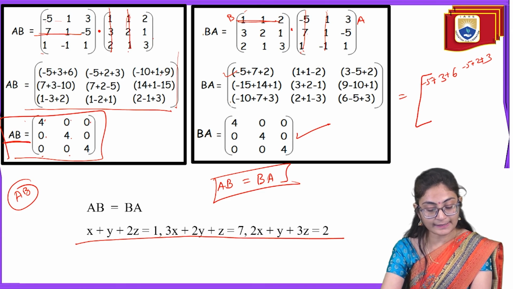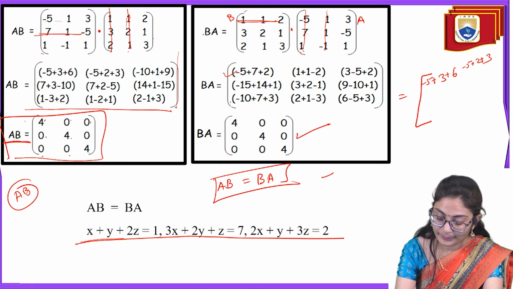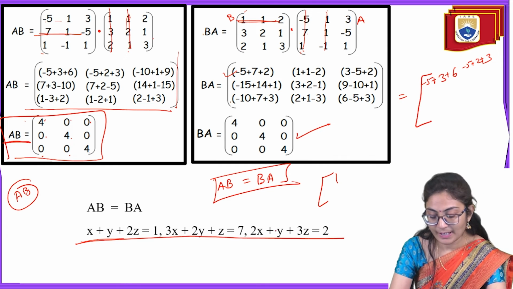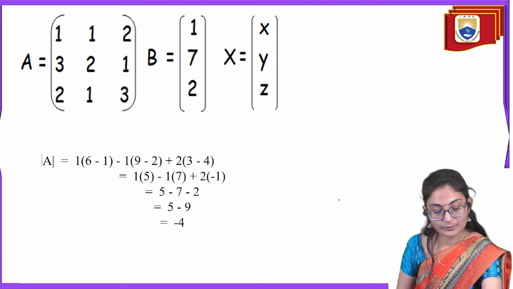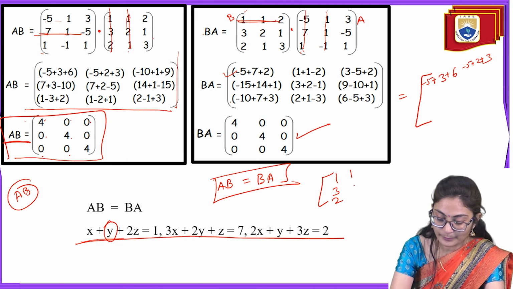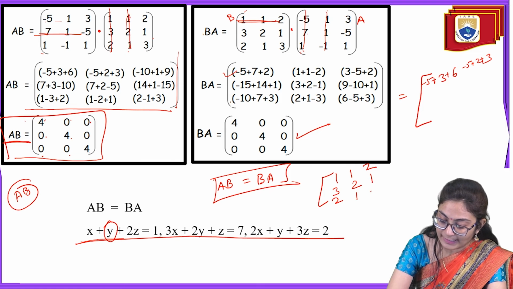Here our A, by using this equation, is 1, 3, 2, then 3, 2, then again 1, 2, 1, and 2, 1, 3.